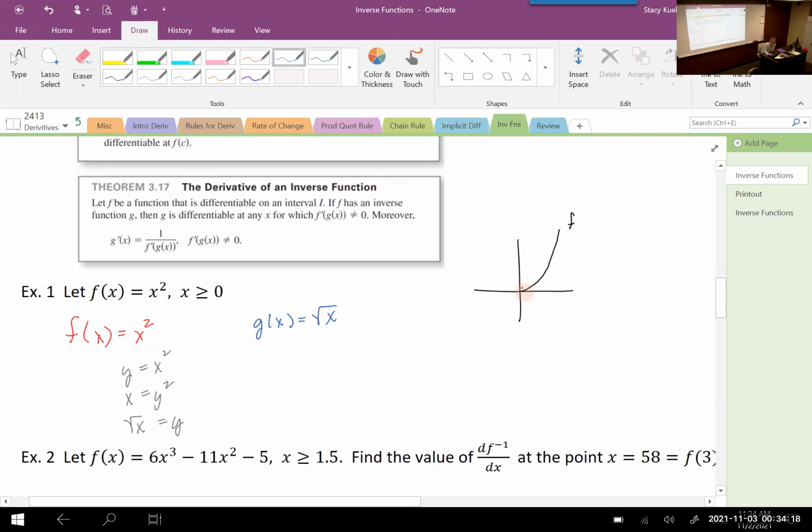That function looks like this. That's a square root function, isn't it? And we know that if we have the point 2, 4 on the function, then what would be a similar point reflected onto the inverse function? 4, 2.